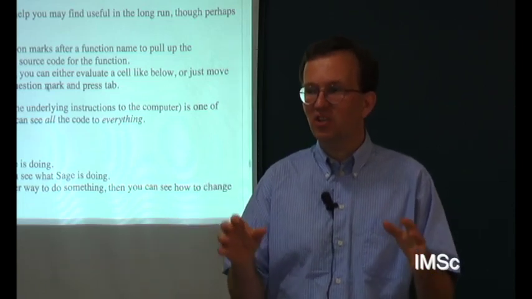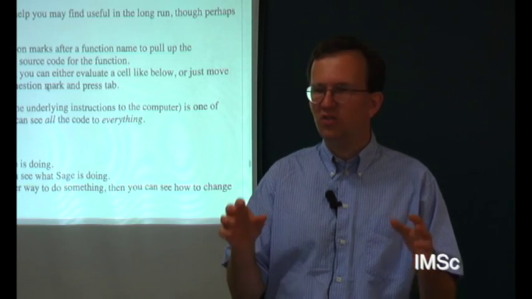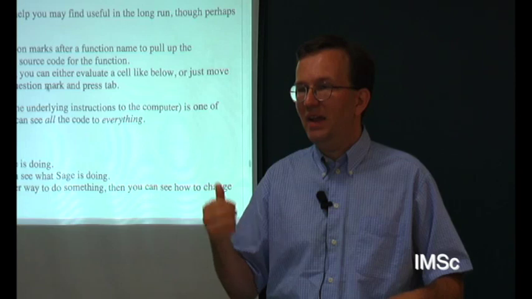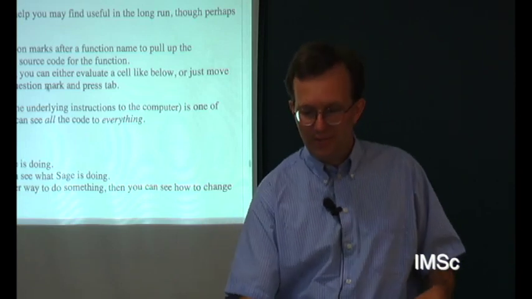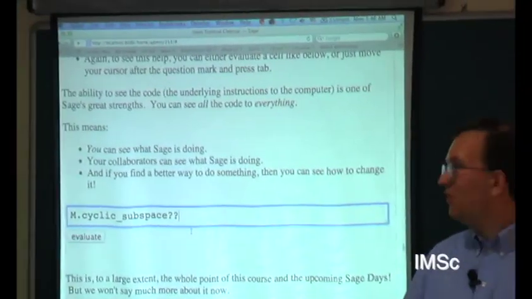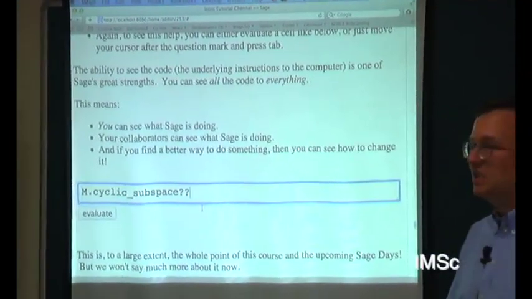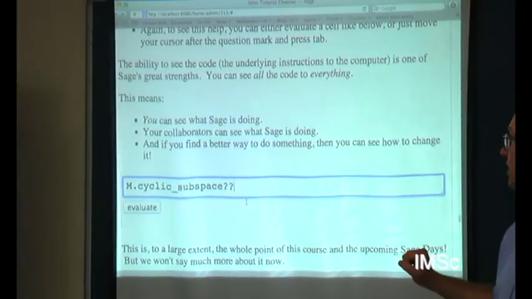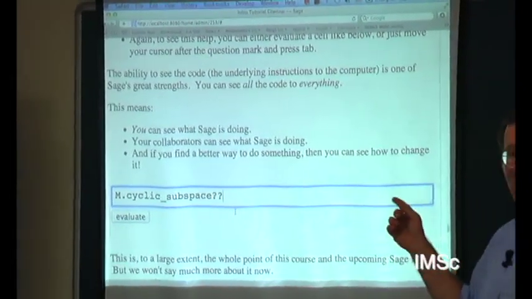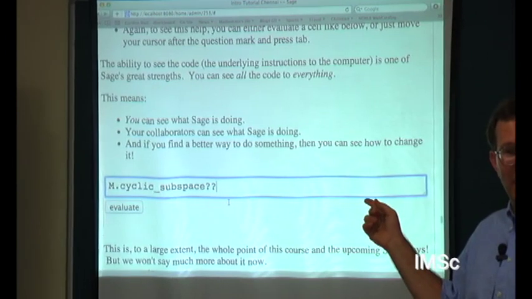This is exciting because you, as graduate students, postdocs and faculty, can say, I'm not just going to use Sage, I'm going to make it something I can really do anything with. And all you need to do is two question marks instead of one. This is great. You see what Sage is doing, your collaborators see what Sage is doing, and if you find a better way to do it, you can fix it.